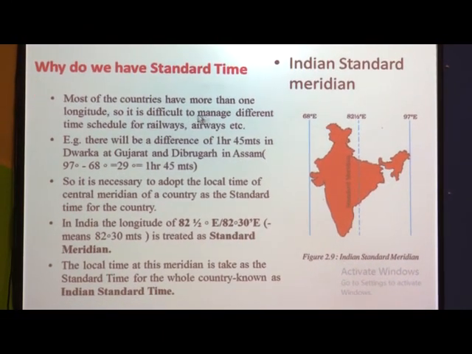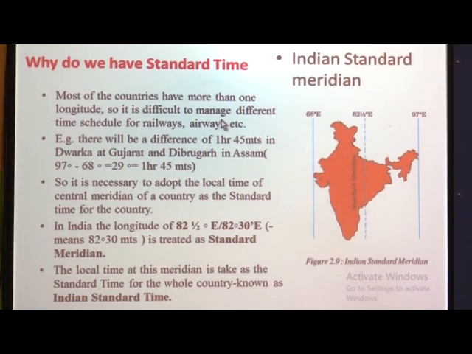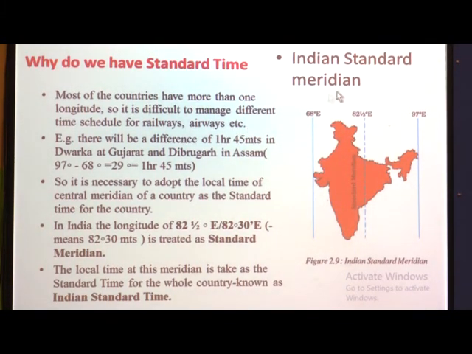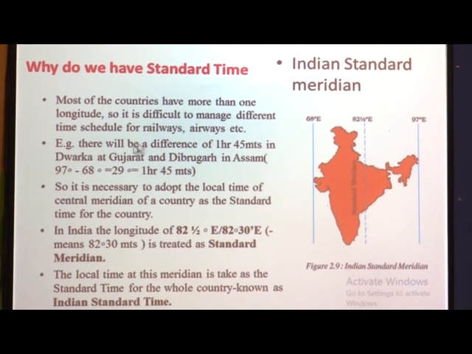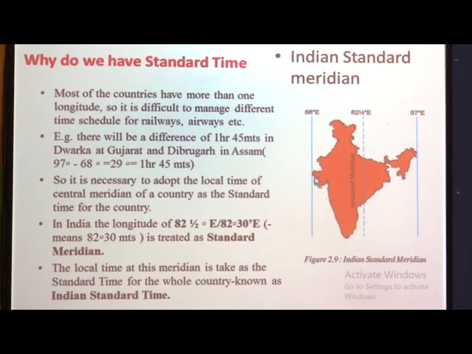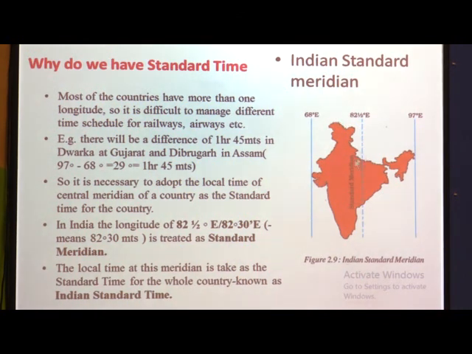So what happens, most of the countries have more than 1 longitude, so it is difficult to manage the different time schedules for railways and airways. It becomes difficult for the country to manage the airways and railways. For example, we will take places like Dwarka in Gujarat and Dibrugarh in Assam.